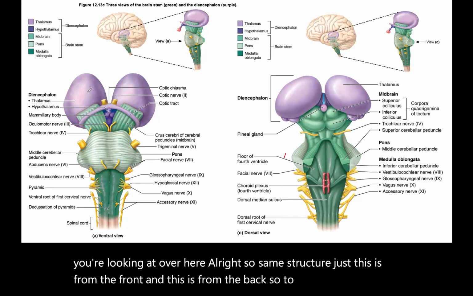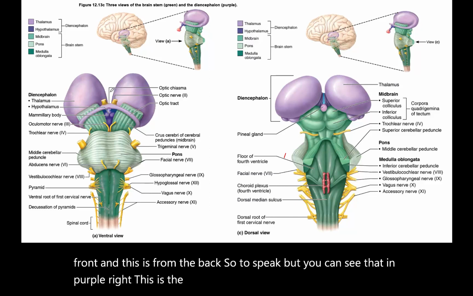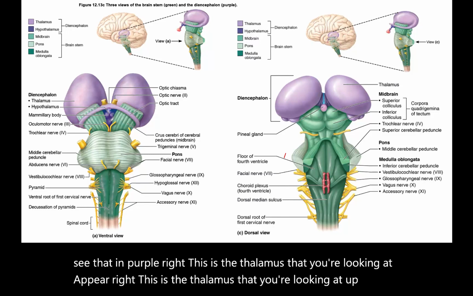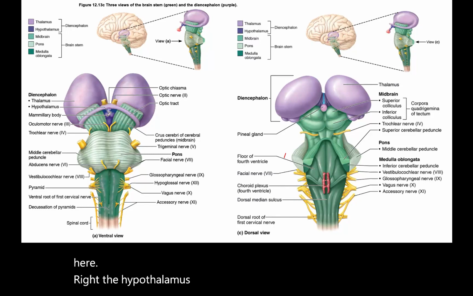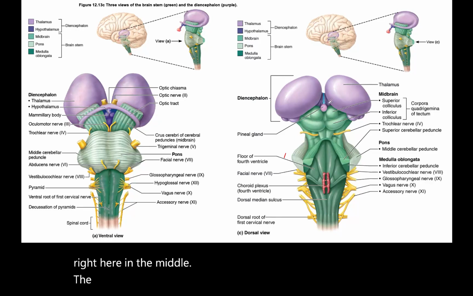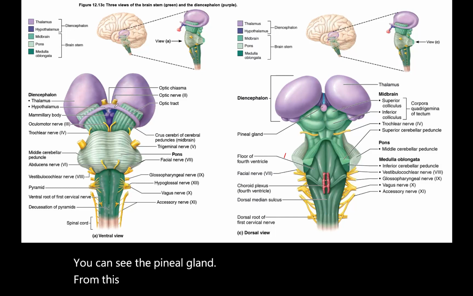But you can see that in purple, right, this is the thalamus that you're looking at up here. Right, the hypothalamus is the dark purple that you're looking at right here in the middle. Right, because this is the posterior view, you can see the pineal gland. From this view here, you do not see the pineal gland.